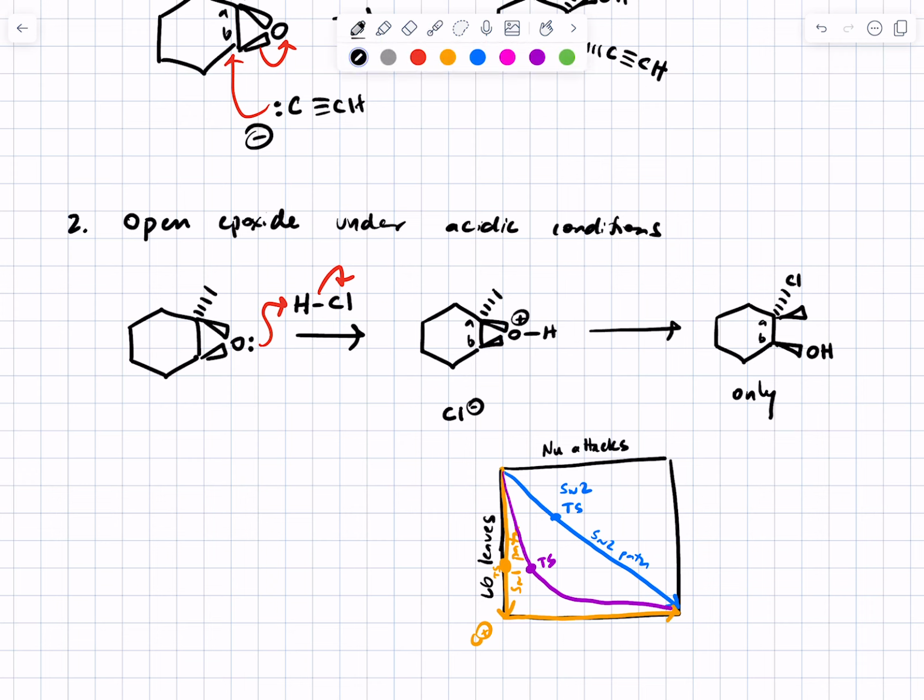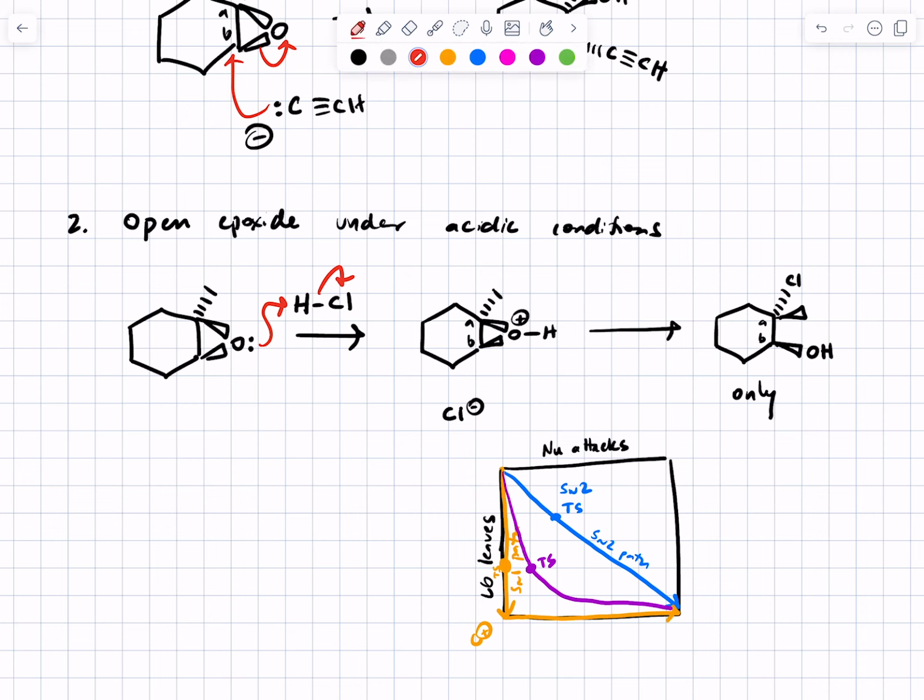And what we observe here, based on the evidence, is the nucleophile attacks the more substituted carbon from the backside. And you get the product where chloro ends up on the more substituted carbon and OH ends up on the less substituted carbon. Note the difference between these two products.